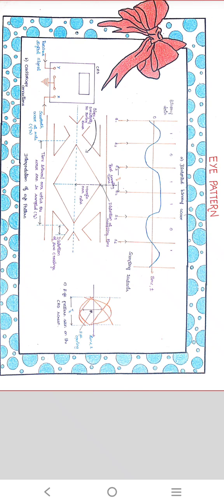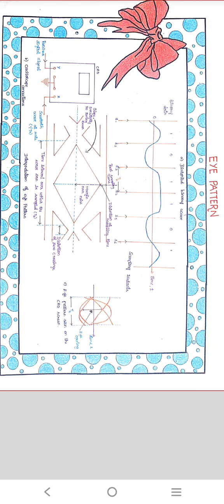Next topic is ideal versus distorted eye diagrams. Open eye: clean signal, less noise or ISI, easy to sample accurately.